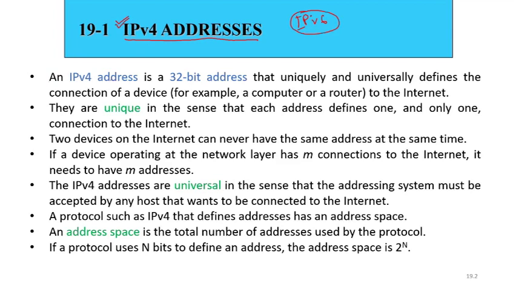Here, an IPv4 address is a 32-bit address that uniquely and universally defines the connection of a device, for example, a computer or a router, to the internet. If any device we connect, it is uniquely and universally defined with an address of 32 bits, called an IPv4 address.